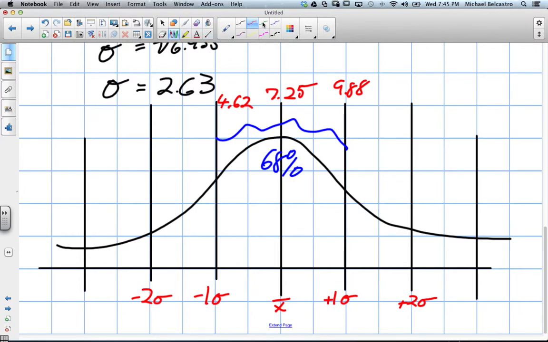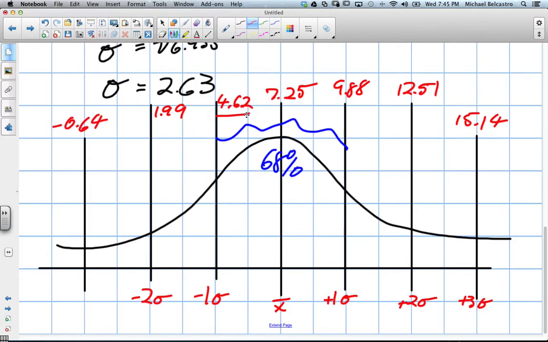Okay, and let's go up one more from that. 15.14. Good. Let's go down from 4.62. That's going to be 1.99. And then one more down from that would be a negative value. 0.64. Okay, good.